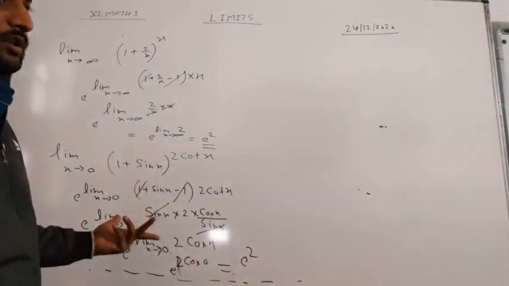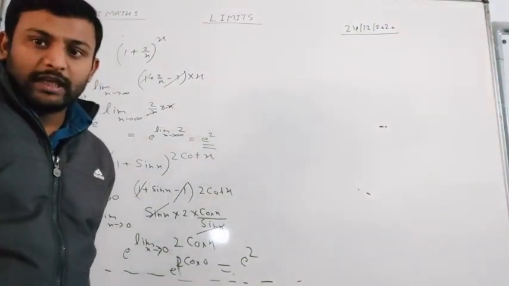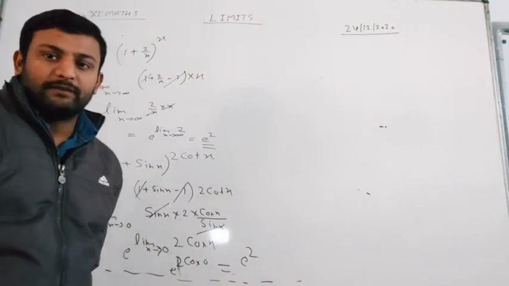In such type of questions, when we put the direct limit, we always get 1 to the power infinity.